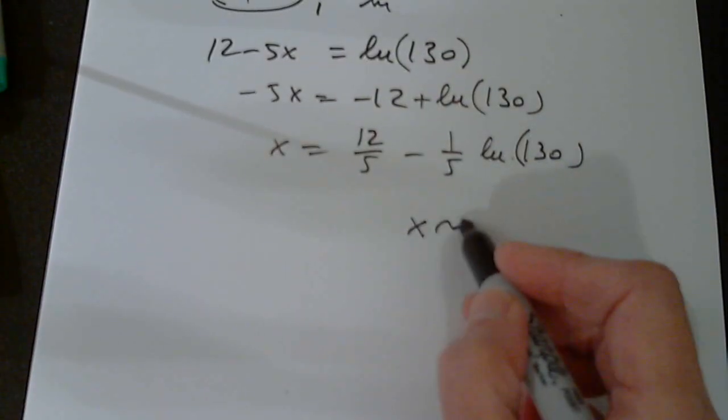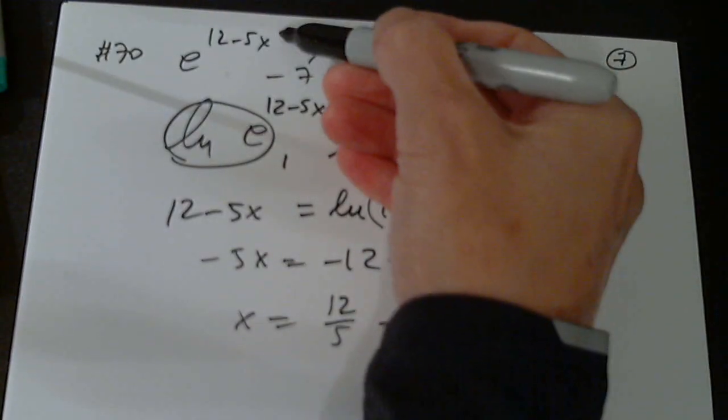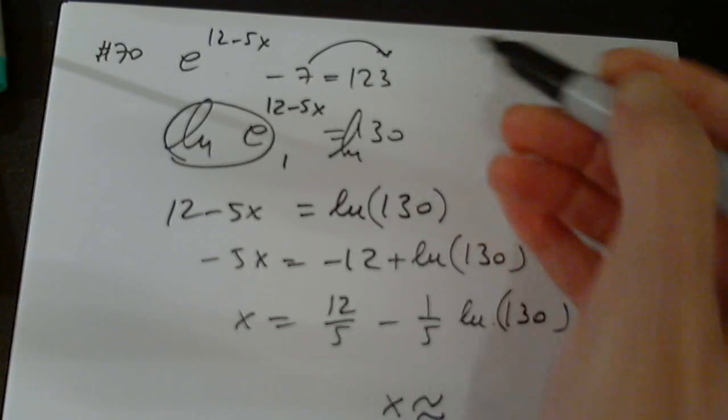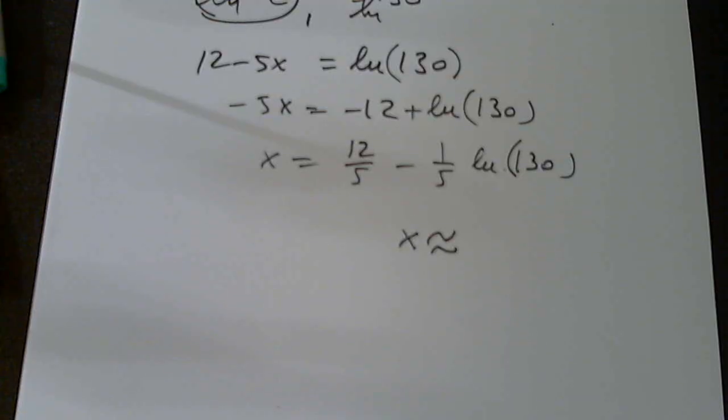Yes, you should approximate it and then plug it back in to make sure that your answer is correct. So let's approximate it first, and then we go back and plug it in. I don't want to miss points. I can make a mistake at any point in time, so I want to check my work.